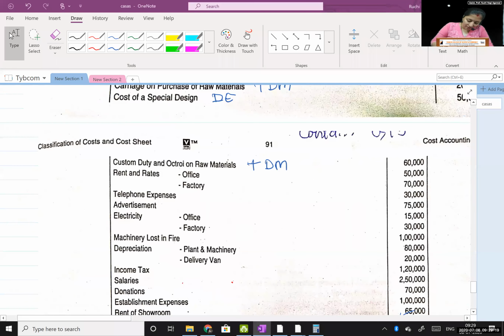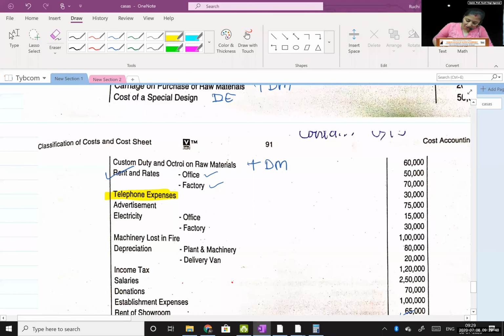Okay. This is easy. Rent rates and taxes. This will go to office. This will go to factory. Then telephone expenses. Where should telephone expenses go? Yes, Ravindra, it should go to admin. But now see, I'll show you the sum.